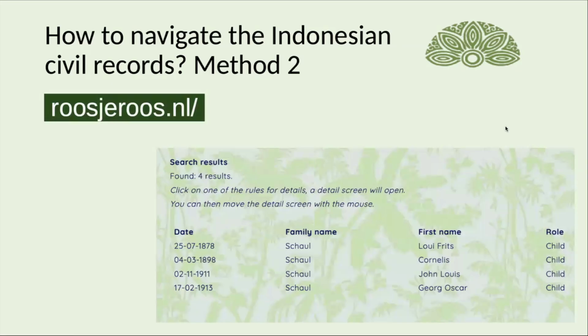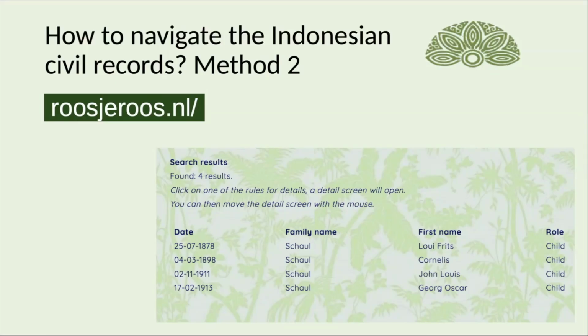Then two, a very popular method because it's an online database, is the website Roosjeroos.nl. It is a database containing the index of the civil registration for Europeans from the start to approximately 1923. That's the bulk.